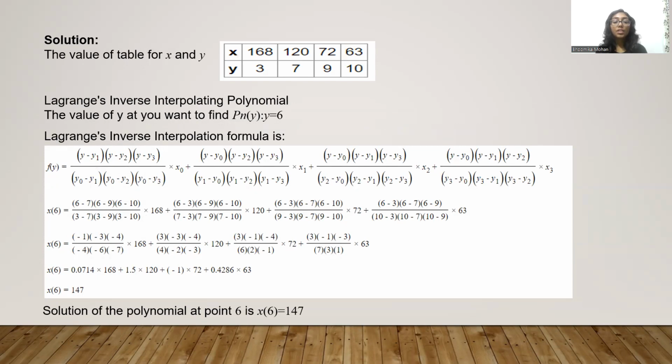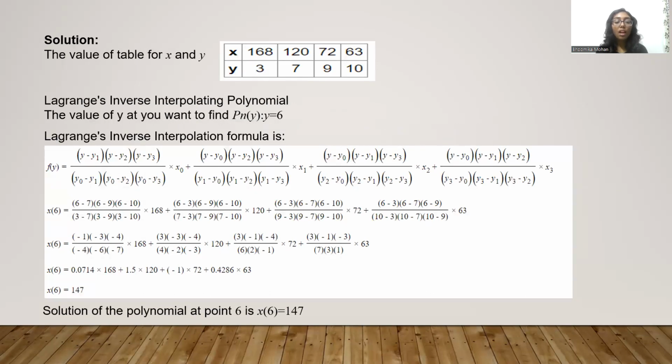X values are 168, 120, 72 and 63, where the values of y are 3, 7, 9, 10. Using Lagrange's inverse interpolating polynomial, the value of y at which you want to find Pn of y is y equals 6.